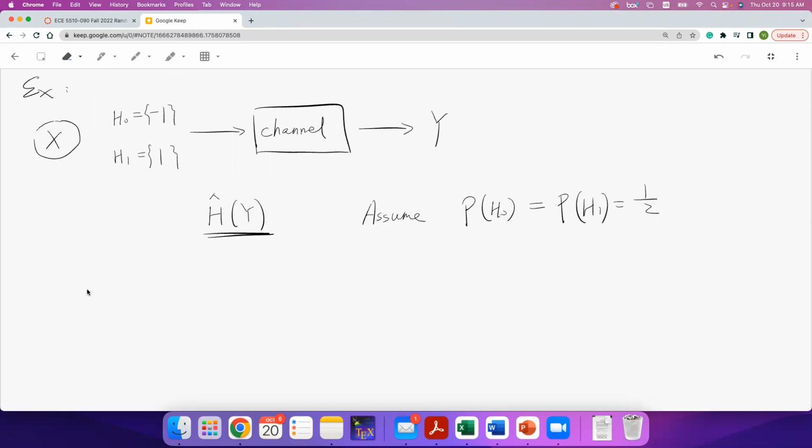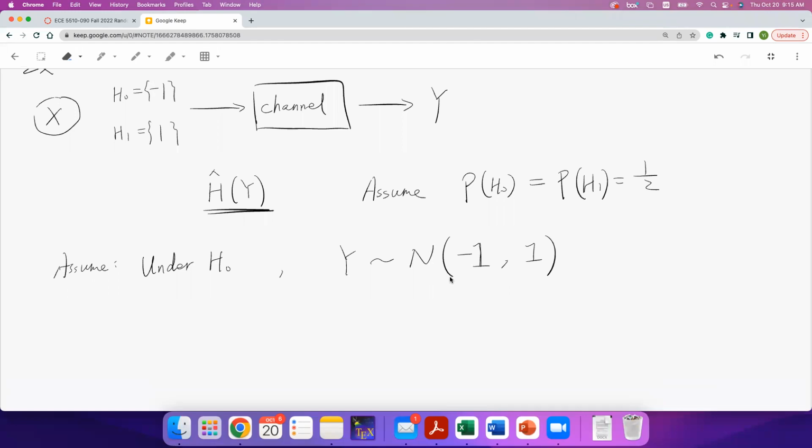Let's further assume that under the hypothesis H0, which means we transmit -1, the observation Y follows a normal distribution centered at the message -1 and has unit variance. This is a reasonable model, right?